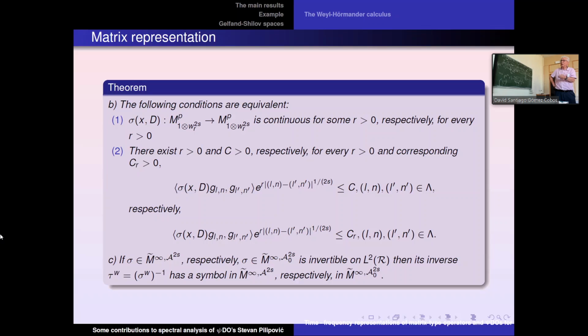So with this we have this kind of inequality, and this is the conclusion: if sigma is invertible, then the inverse has a symbol in m tilde 2s, respectively a0 2s. So this, of course, holds for s greater than 1/2, both parts of this theorem.